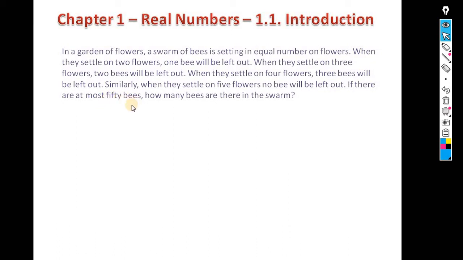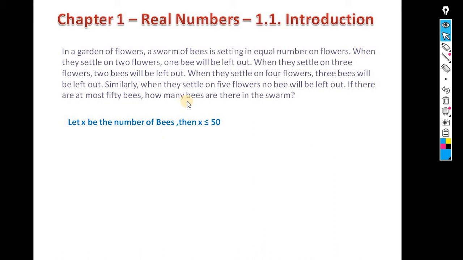So I will assume X as the total number of bees in the garden. Let X be the number of bees, then I can write X less than or equal to 50. What does it mean? It could be 50 or less than 50. That is the meaning of at most 50 bees.